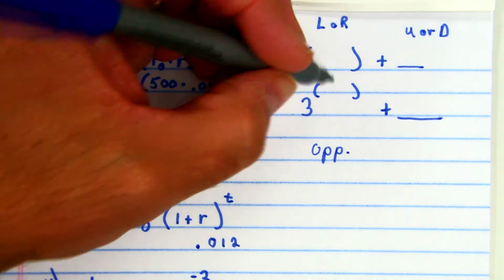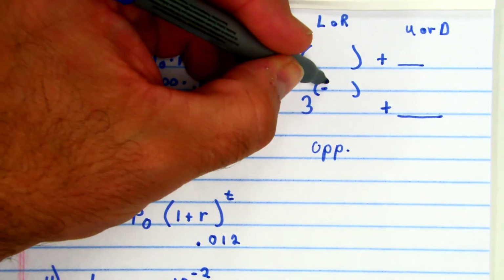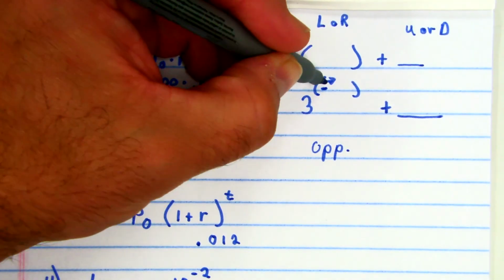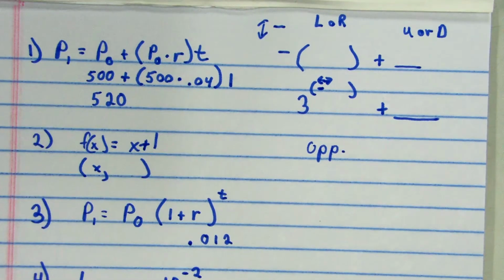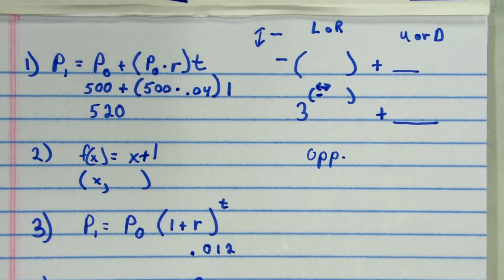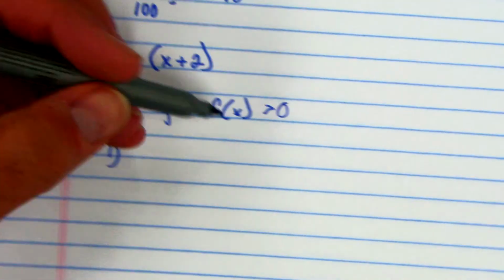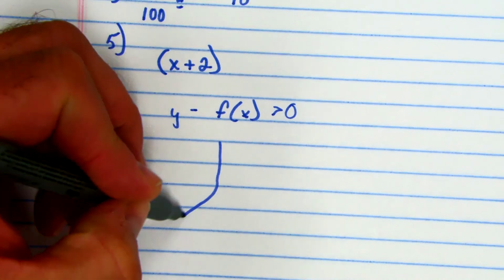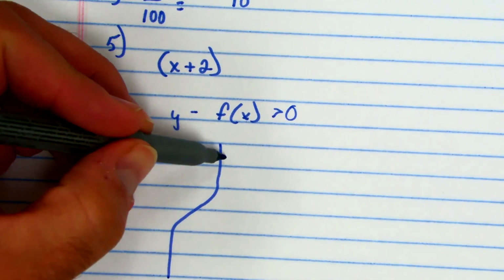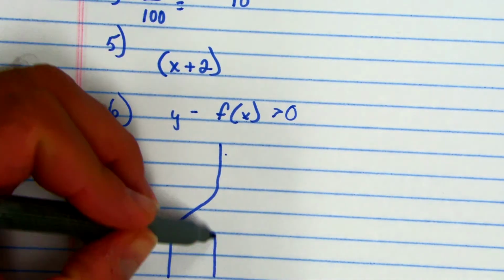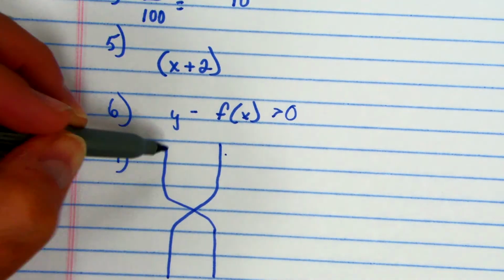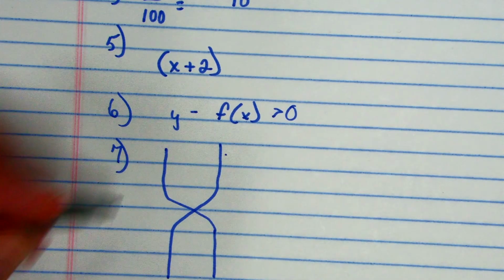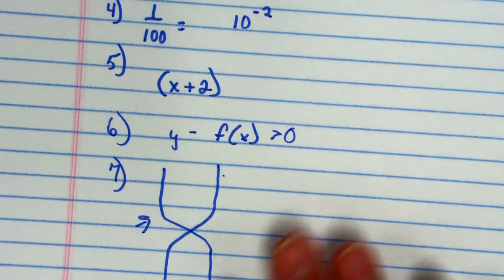If the negative sign is inside the parentheses, you're flipping your graph left or right. This was outside the parentheses, so, real brief, everything that's up here comes down, and everything down goes up. So that's what your reflection looks like.